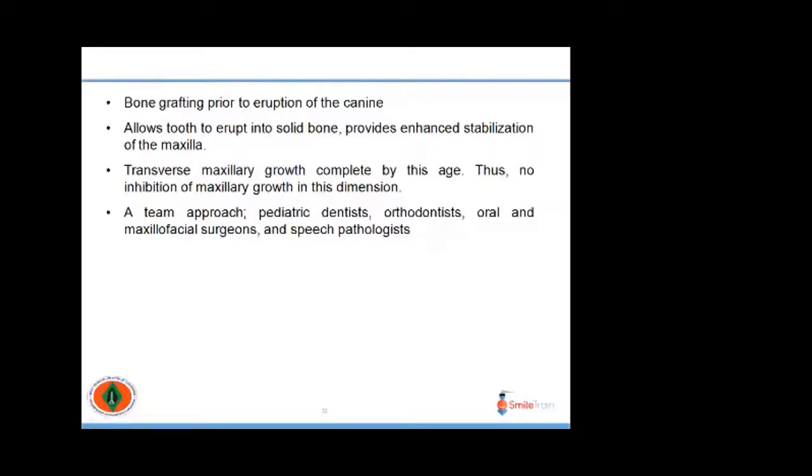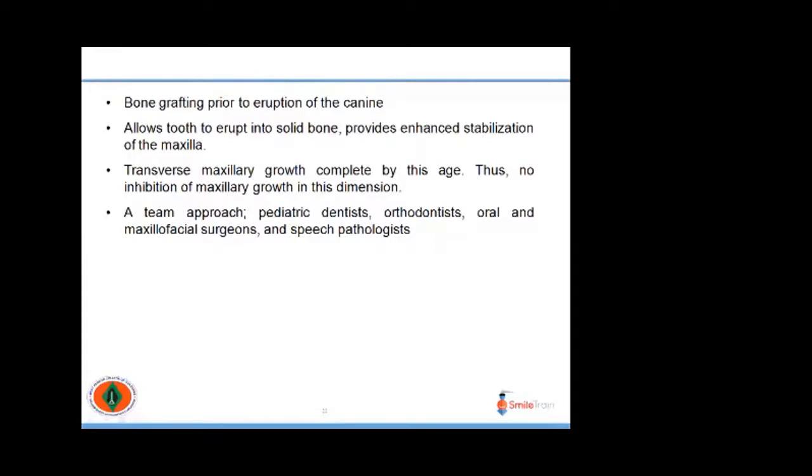For us to have a successful secondary alveolar bone graft, a team approach is required, and good knowledge of alveolar bone grafting is also necessary. This will involve pediatric dentists, orthodontists in particular, oral and maxillofacial surgeons, and speech pathologists.